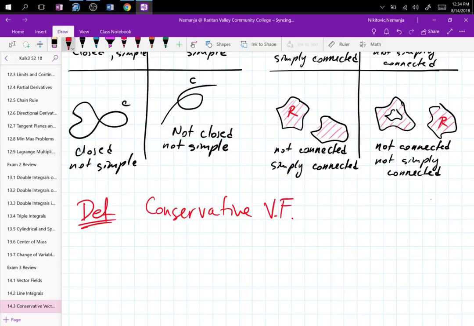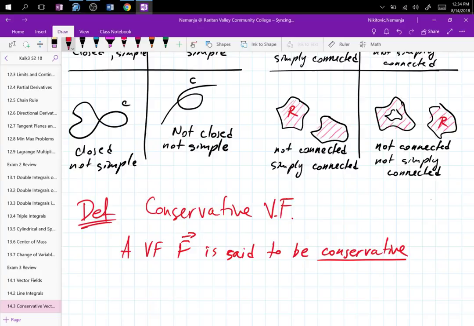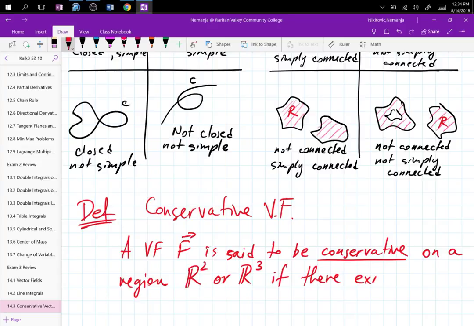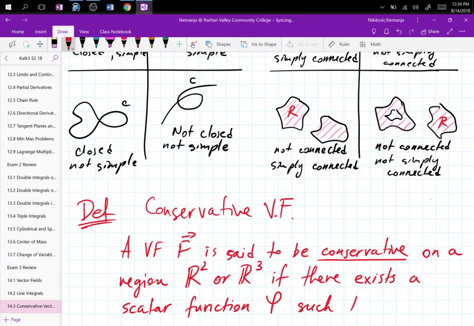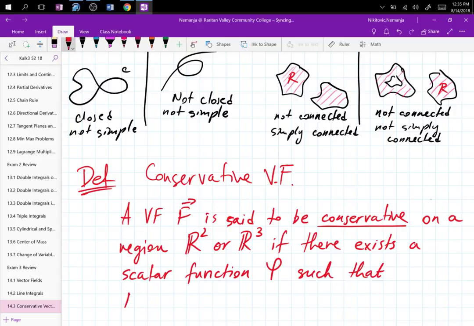A vector field capital F is said to be conservative on a region in R2 or R3, depending on where you are, if there exists a scalar function phi such that the vector field is the gradient of phi.